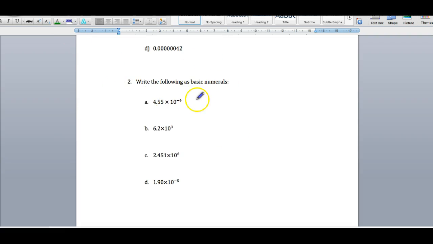Okay, so this time, this is what we did before. So 4.55. What I need to do is just write the numbers. Don't worry about your decimal place yet. Okay, because I can write it on here. So we're moving it -4. So that means that it's going to be a very small number. So I've got to move it into this direction.